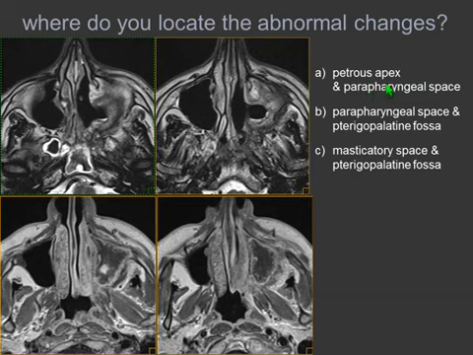In the petrous apex and parapharyngeal space, the parapharyngeal space and pterygopalatine fossa, or the masticatory space and pterygopalatine fossa? So you have to check all these spaces and understand where we can locate the findings that can explain clearly why the patient is showing this type of symptomatology.